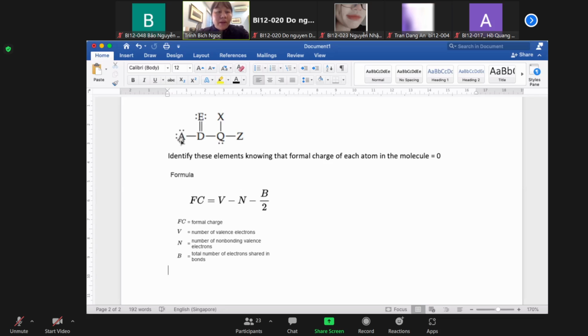So to identify the element, you need to identify in the periodic table the group, yes, the group or the valence electrons that each element has initially. Okay, you need to identify V. Can you do it for A?